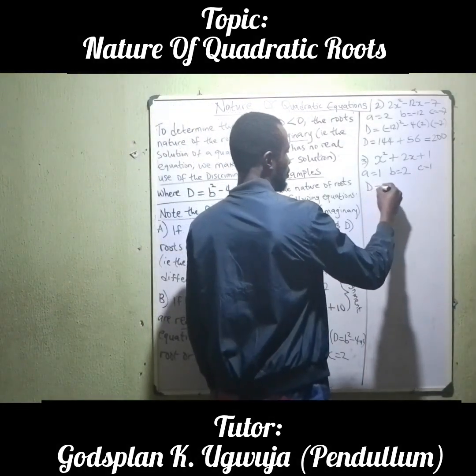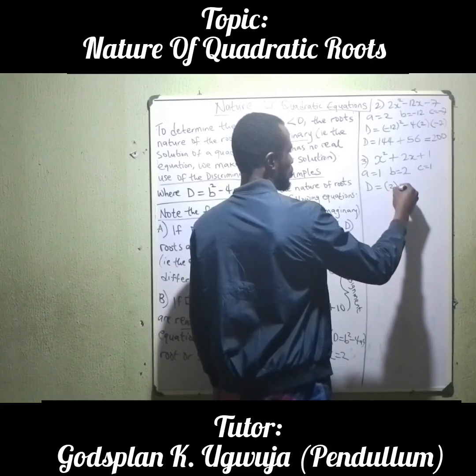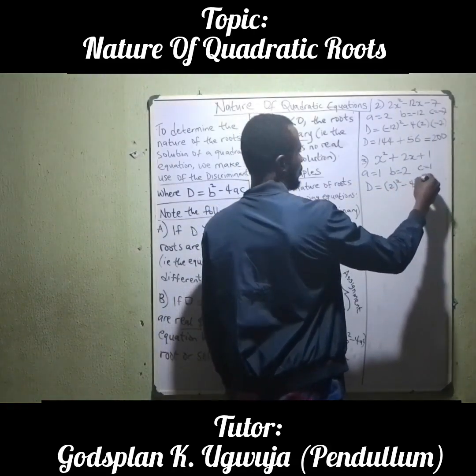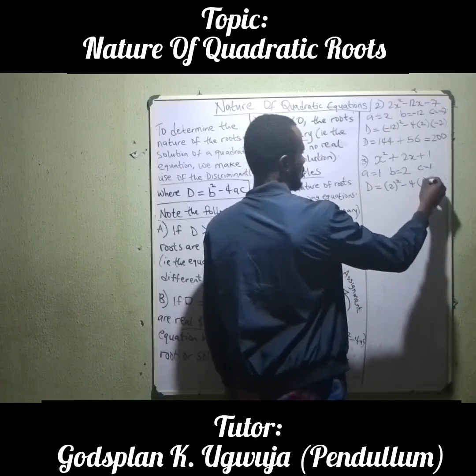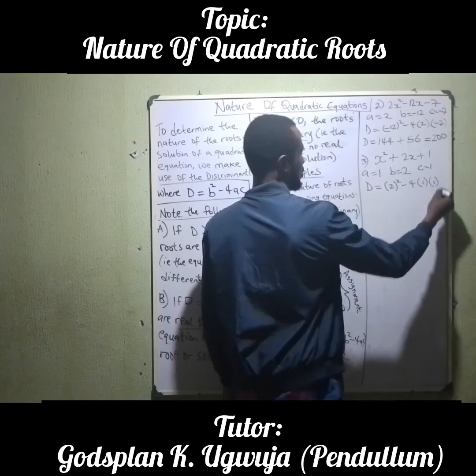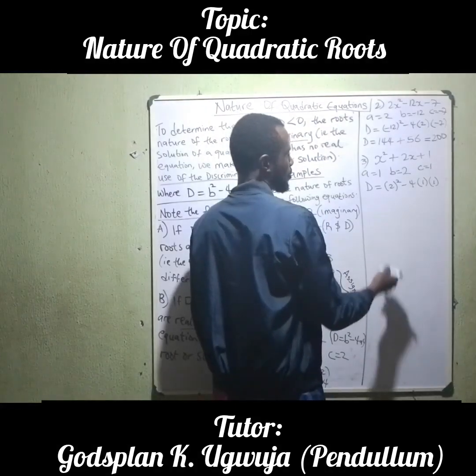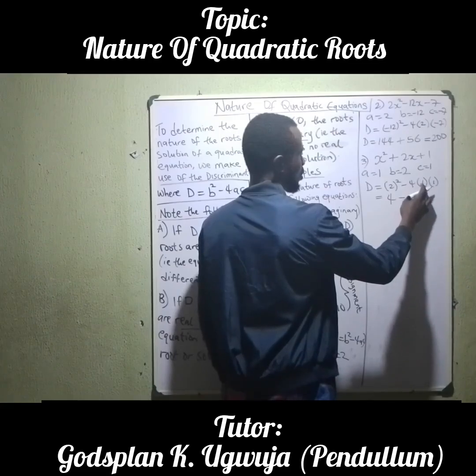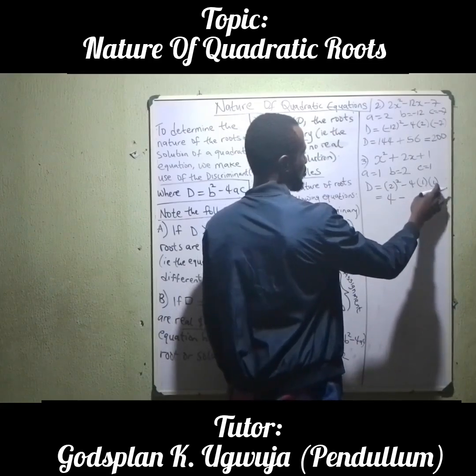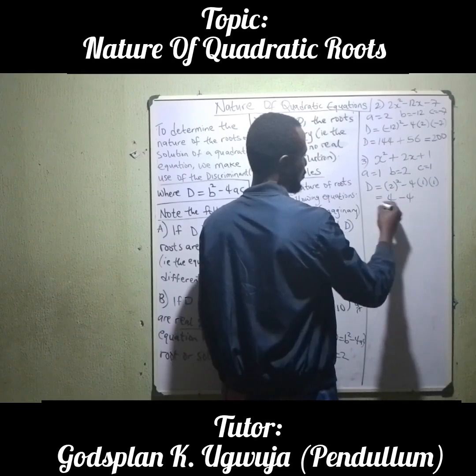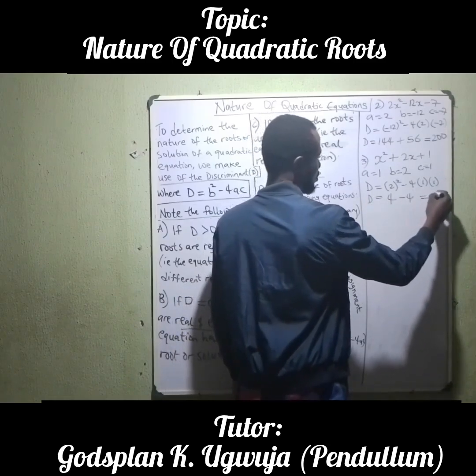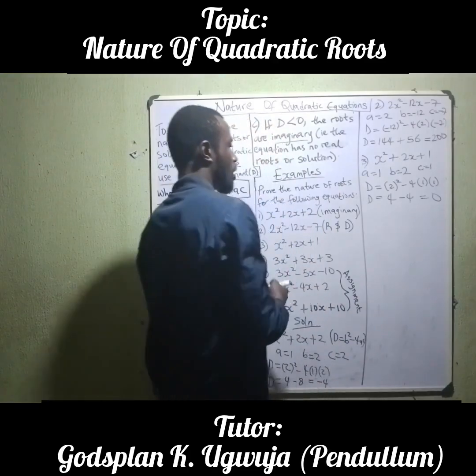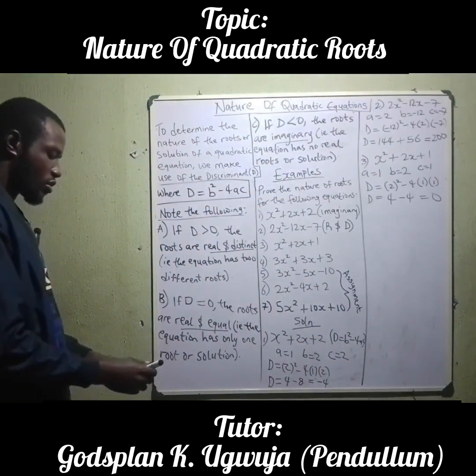So d is equal to b squared, which is 2 squared, minus 4ac. Now 2 squared is 4, minus 4 times 1 is 4. So 4 minus 4. And this is what? 0.